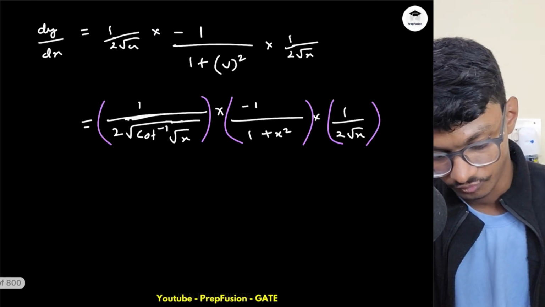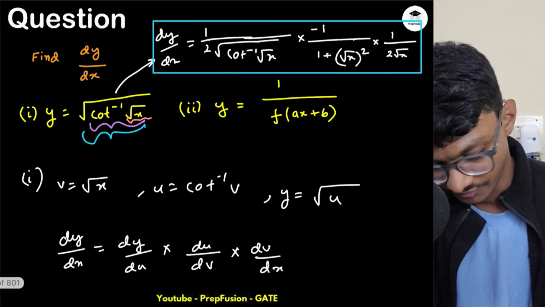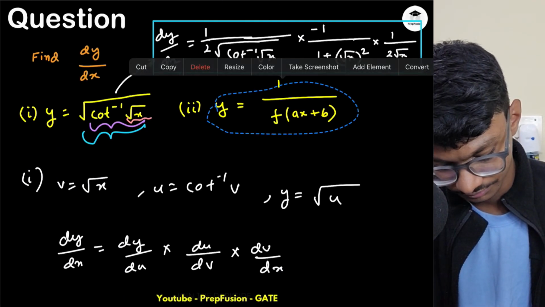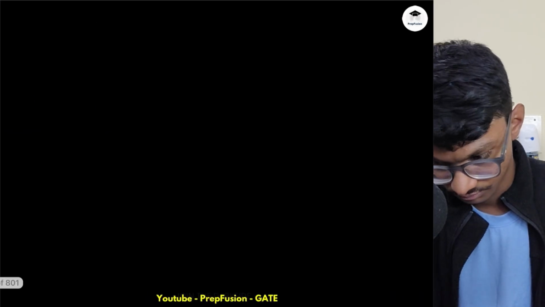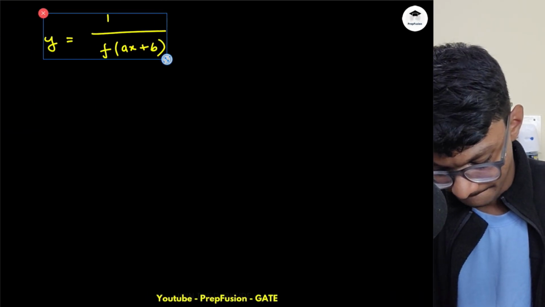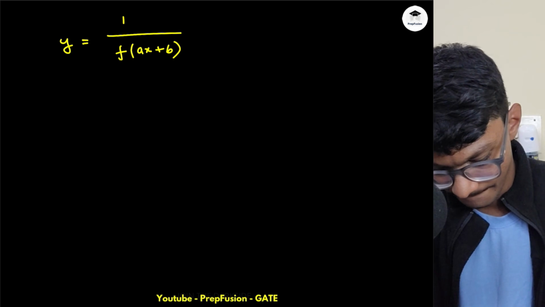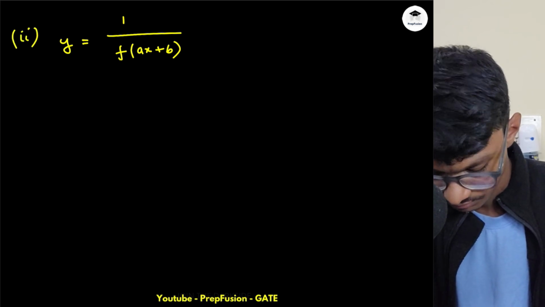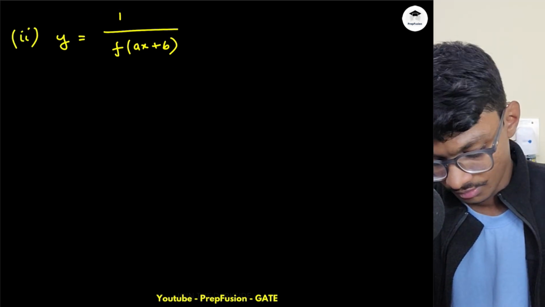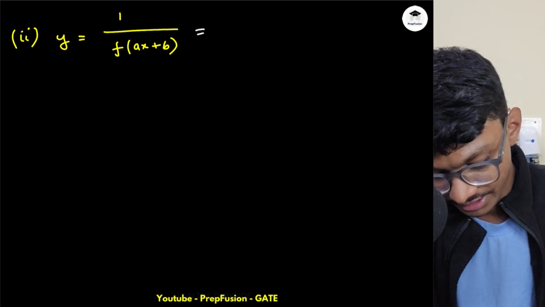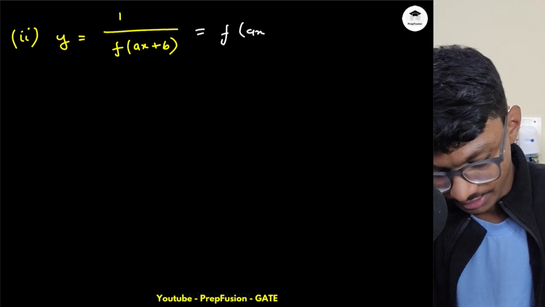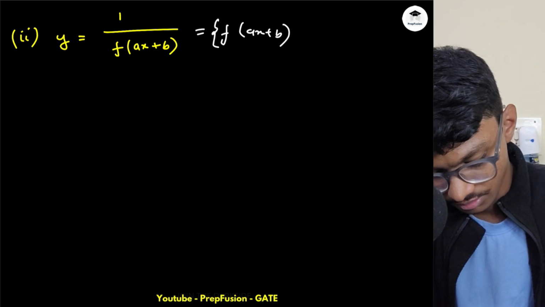So what will be the differentiation of this? So my function is this, right? Function is this. So my function, I can rewrite like this, f of ax plus b whole inverse.